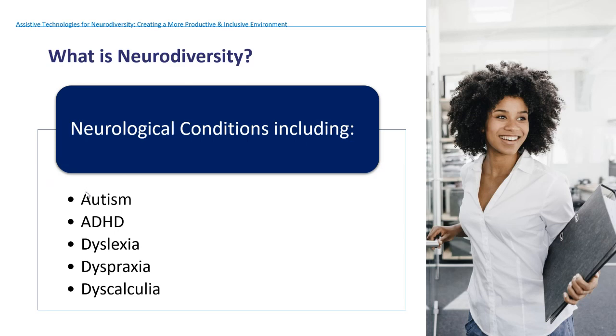We have dyslexia. This is characterized by difficulties in reading due to problems with decoding and comprehension of information. We have dyspraxia. This is a motor coordination disorder. It's difficult for people to coordinate their larger muscle groups and smaller muscle groups.